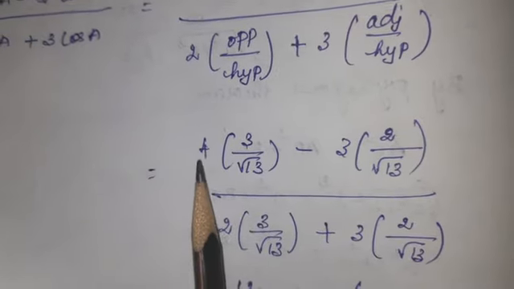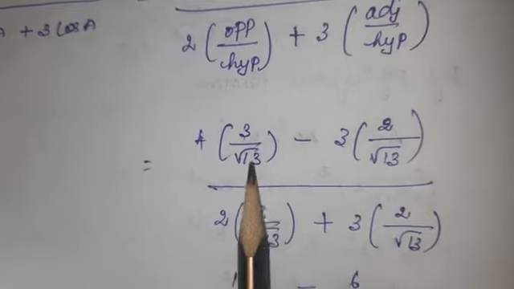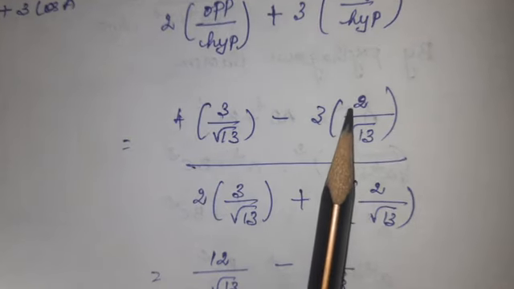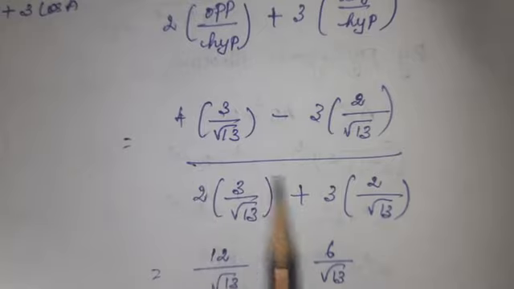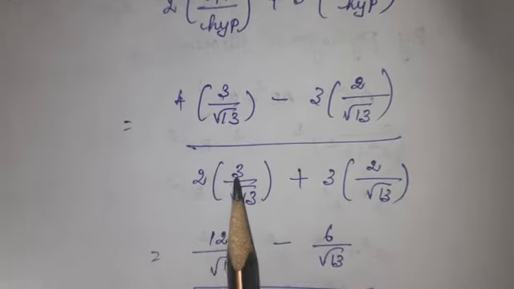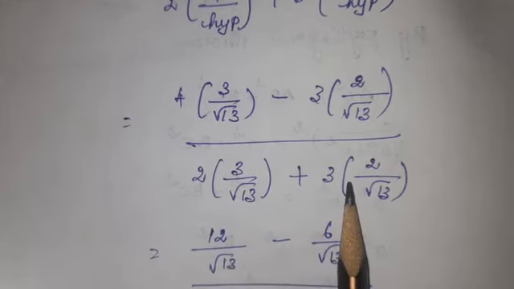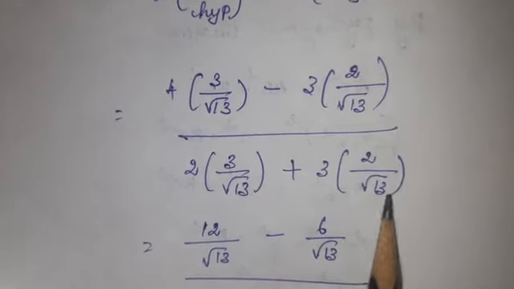That is equal to 4 into opposite value 3 divided by hypotenuse value root 13 minus 3 into adjacent value 2, hypotenuse value root 13. The whole divided by 2 into opposite value 3 divided by hypotenuse value root 13 plus 3 into adjacent value 2 divided by root 13.